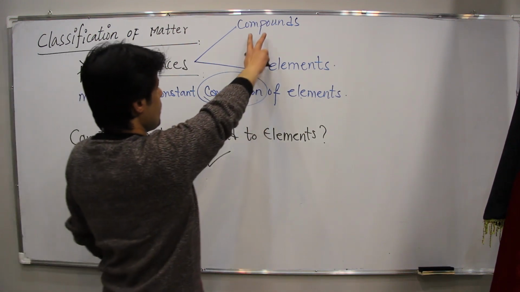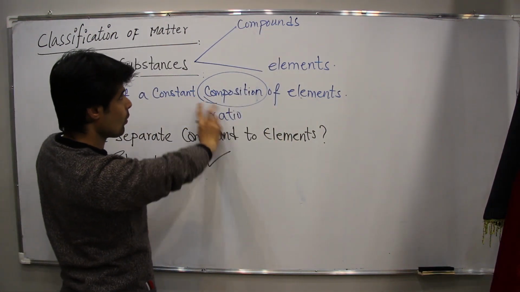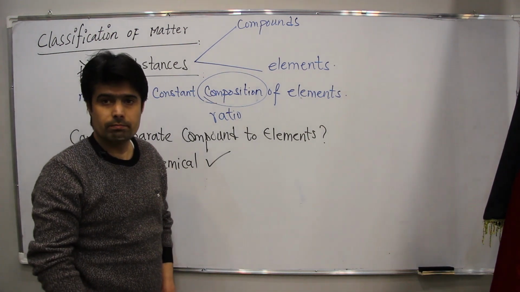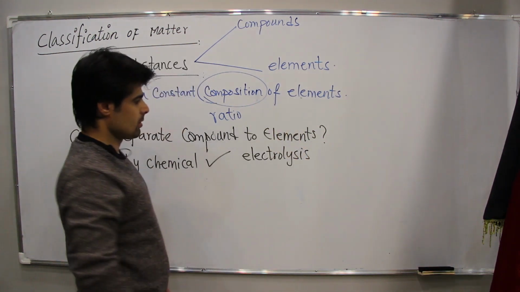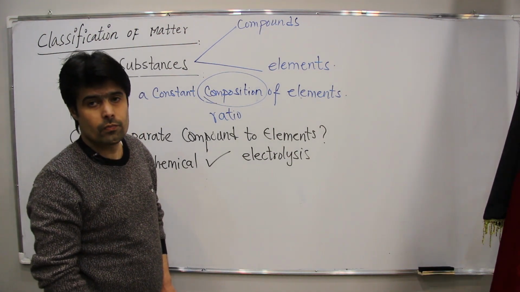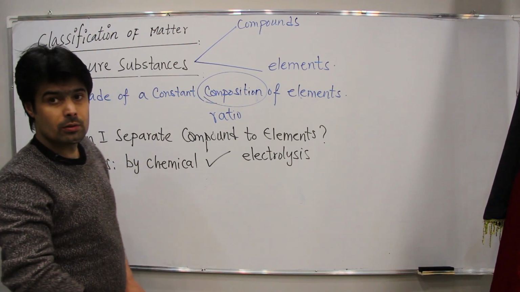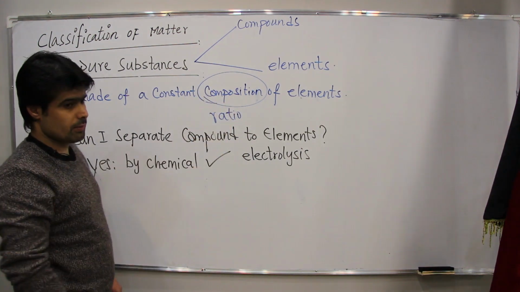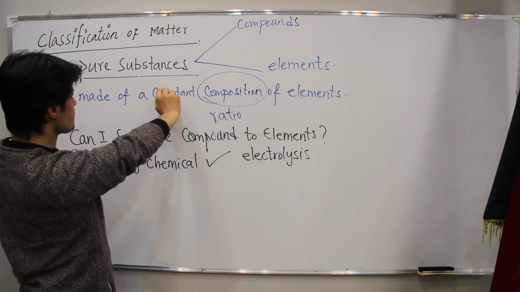Whenever you are changing a compound, whose parts are in a constant ratio, and you want to break it apart, you can do it by chemical means, like electrolysis, or maybe heat, or maybe an electric field. I don't know right now, but we will come to it. What's the difference between a pure substance and a mixture? A mixture is made of a composition, but not a constant composition of the elements or something else. It's variable, but here it's constant. A constant ratio of the elements makes the compounds.